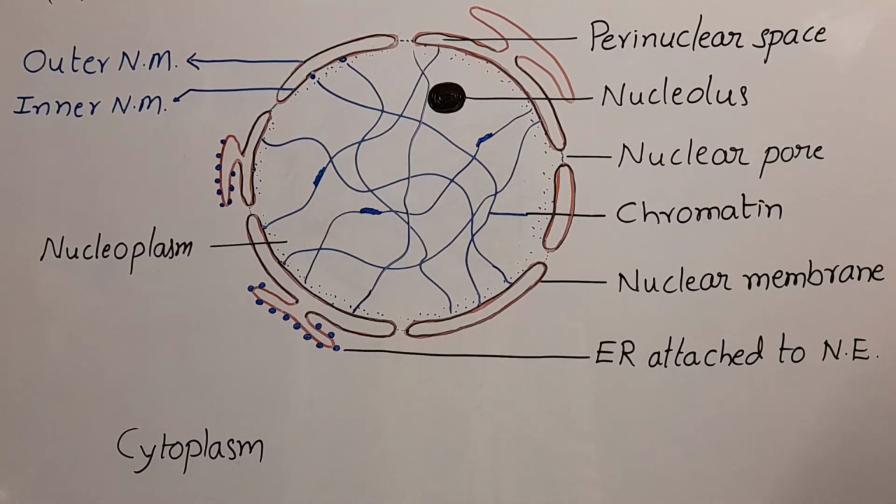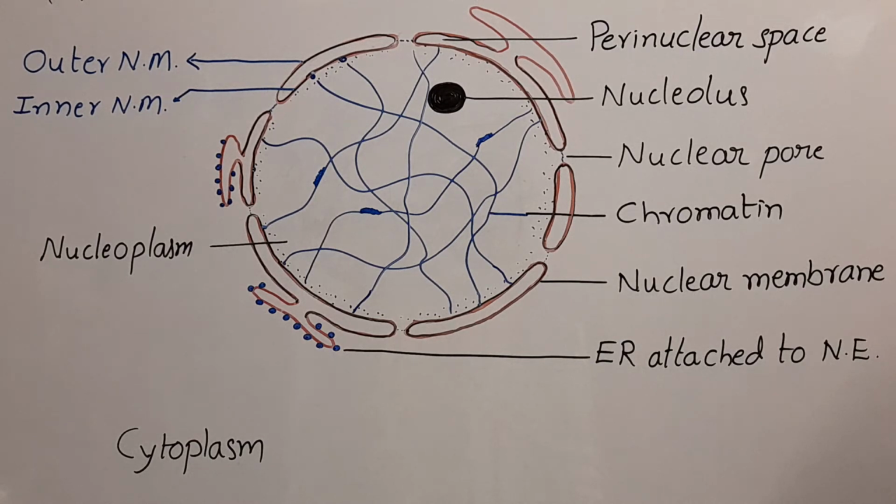The third part is nucleolus. It was first discovered by Fontana. The term was given by Bowman. Nucleolus is a darkly stained structure. It is a naked structure, meaning it is not surrounded by any membrane, and it is round, dark and irregular.